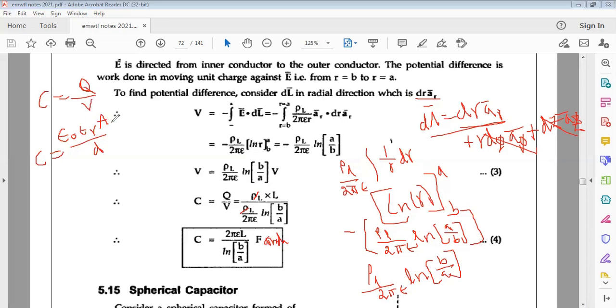If the area increases, the capacitance increases; if D increases, the capacitance decreases. Now for the coaxial cable, C is equal to 2 pi epsilon L by ln of outer radius B over inner radius A. This is in farads.